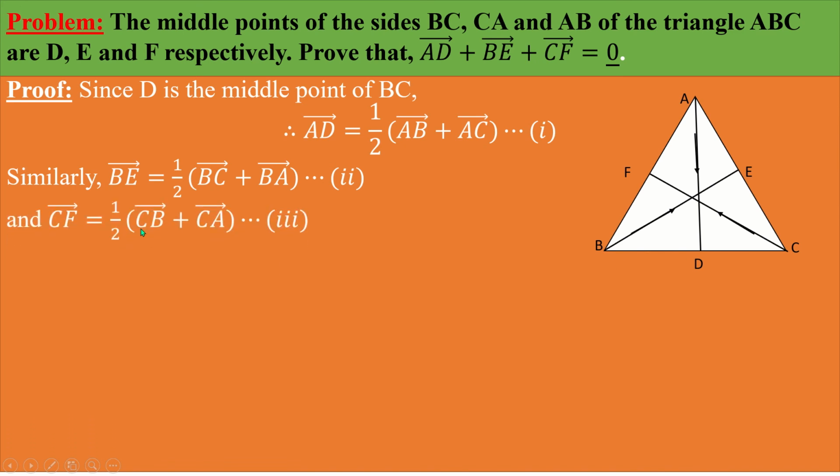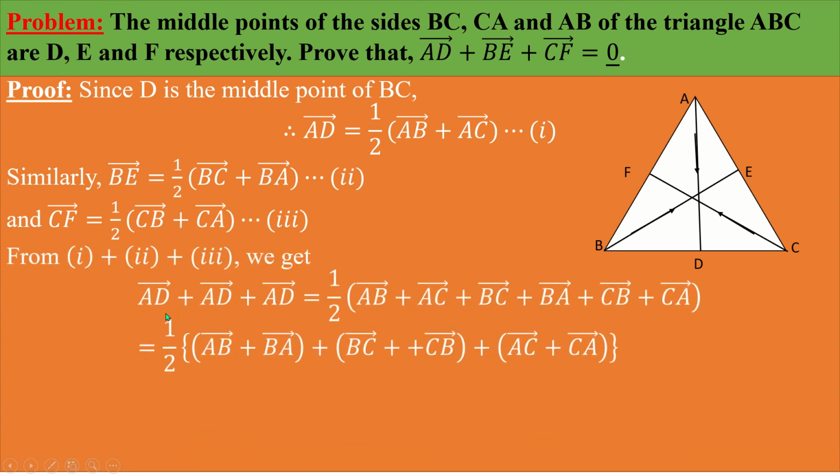That means CB written first, plus CA vector. Now adding 1, 2 and 3 we get AD vector plus, this will be BE not AD, and this will be CF not AD. That means AD vector plus BE vector plus CF vector equals half into AB vector plus AC vector plus BC vector plus BA vector plus CB vector plus CA vector.